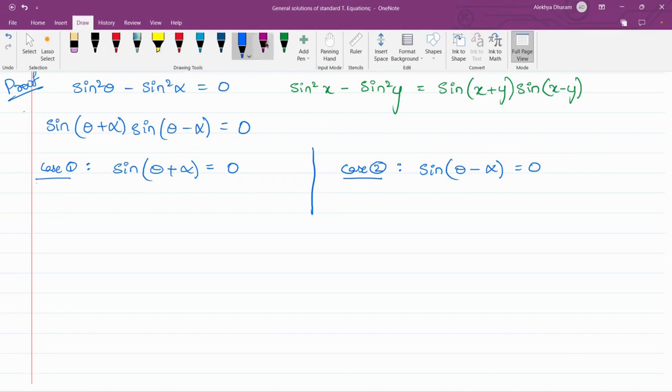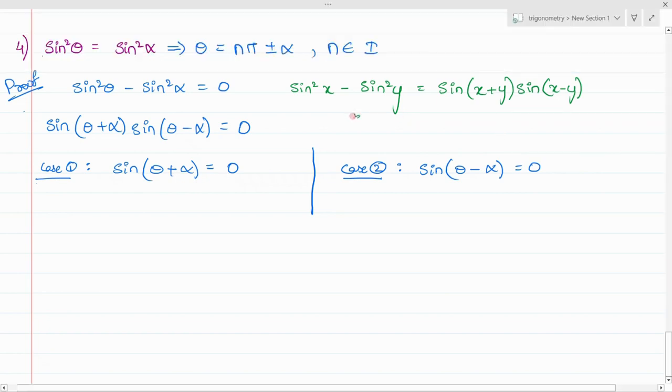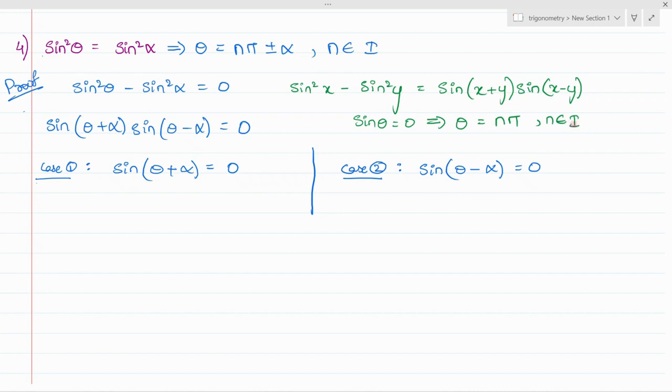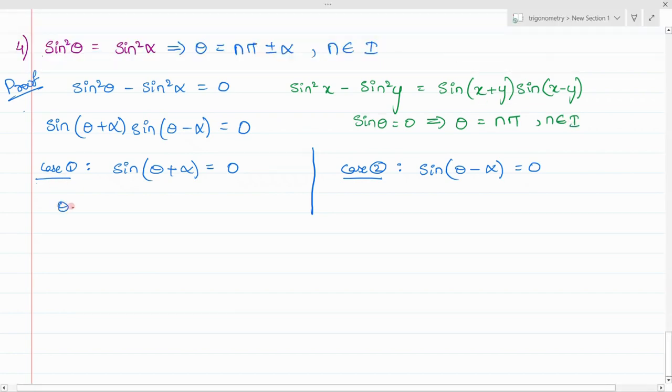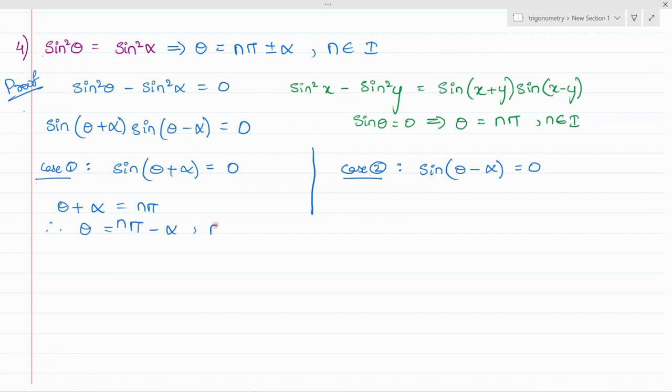So now this is in the form of sine theta equal to 0. From here we can write the solution of theta is n pi, where n belongs to all the integers. So just write it over here, that is theta plus alpha equal to n pi, and from here theta becomes n pi minus alpha, where n belongs to all the integers.